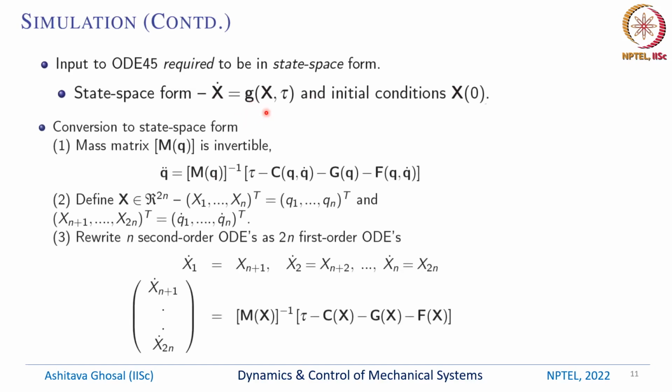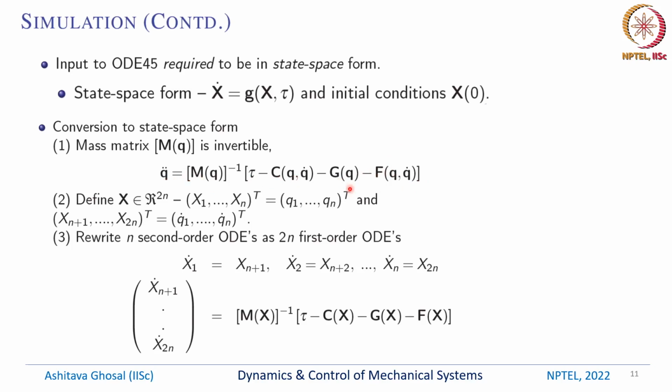So how do we convert the second order ODEs into the state space form? We start with the equation of motion, which is m q double dot equals tau minus c minus g minus f. We know that the mass matrix is invertible, so we can always write q double dot as m inverse times tau minus c minus g minus f.